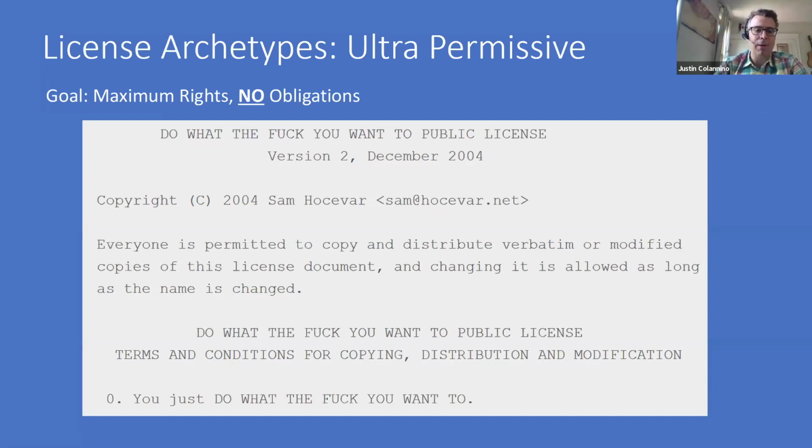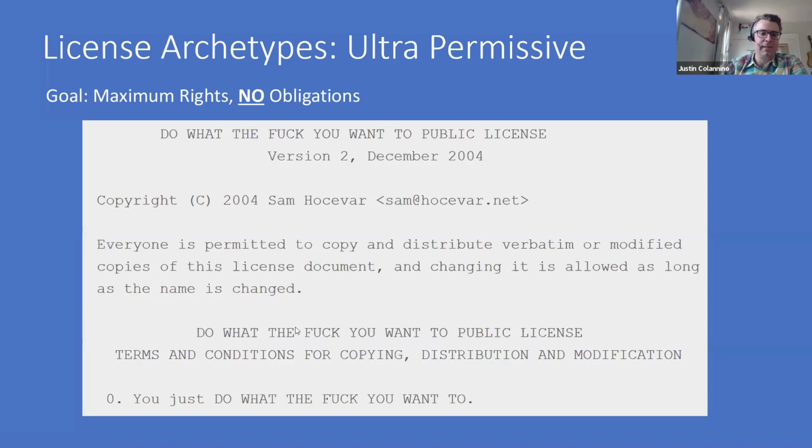Now, I wouldn't recommend that anyone put their software under this license, both because it's a little bit vulgar, and secondly, because it doesn't have a disclaimer of warranty. And it's likely in the United States, when you give software to somebody without a disclaimer of warranty, that the person could come back to you and say, you gave me a warranty, because that's the default rule: if you give somebody something, software in particular, you're likely giving them a warranty that it works as it should.